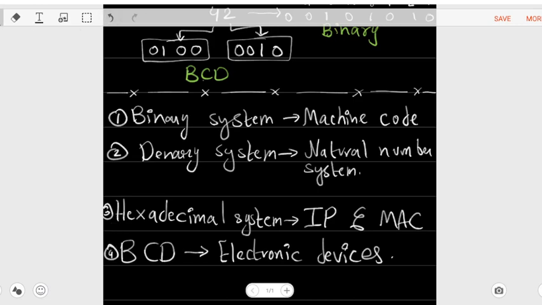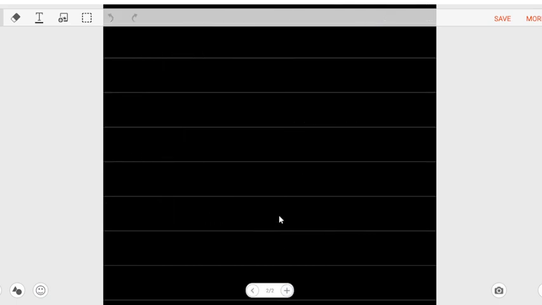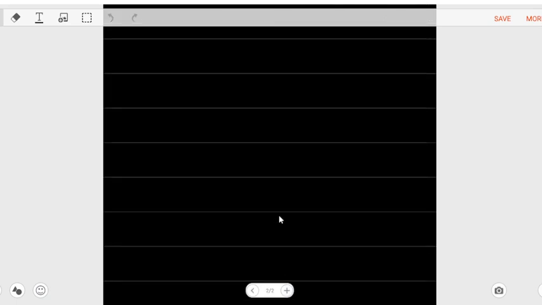In the next video I'll talk about how to convert between each of these. Some of it would be a refresher, because part of it is also done in O levels, but we'll be reviewing that, and after that we'll take the topic even further from there.